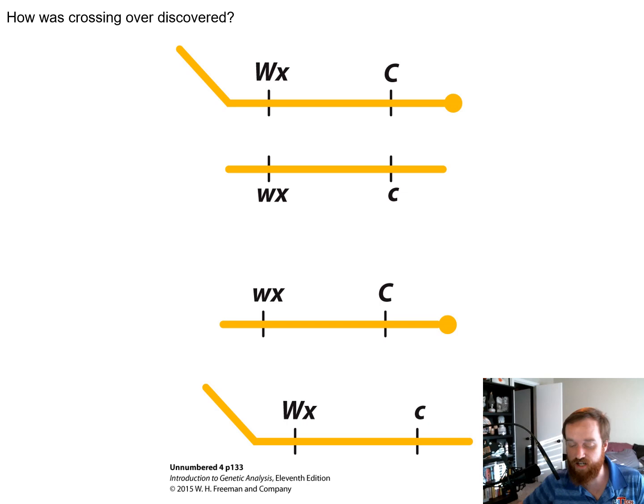So the way this was discovered was in an experiment with Drosophila. There were two chromosomes in this F1 individual. One had a very dark staining region of DNA, so when they added this DNA stain, this knob here on the right-hand side would stain very dark, and it was only present in one of the two chromosomes. In addition, there was an extra long tail of DNA on this chromosome that also had that dark staining knob.